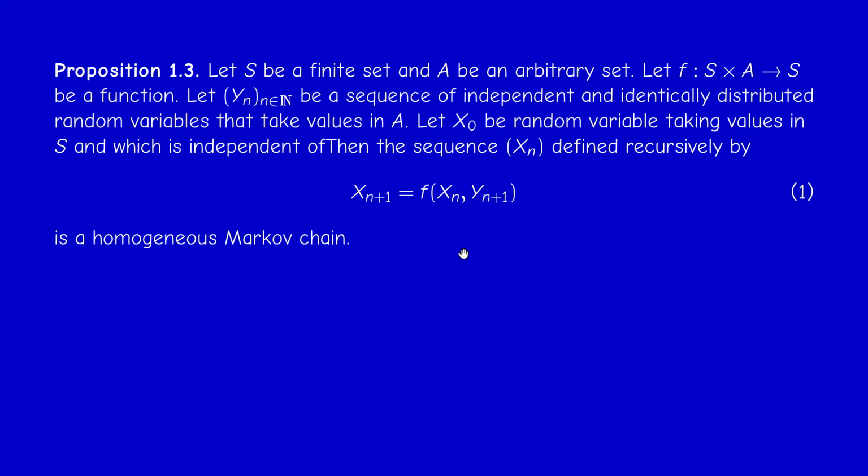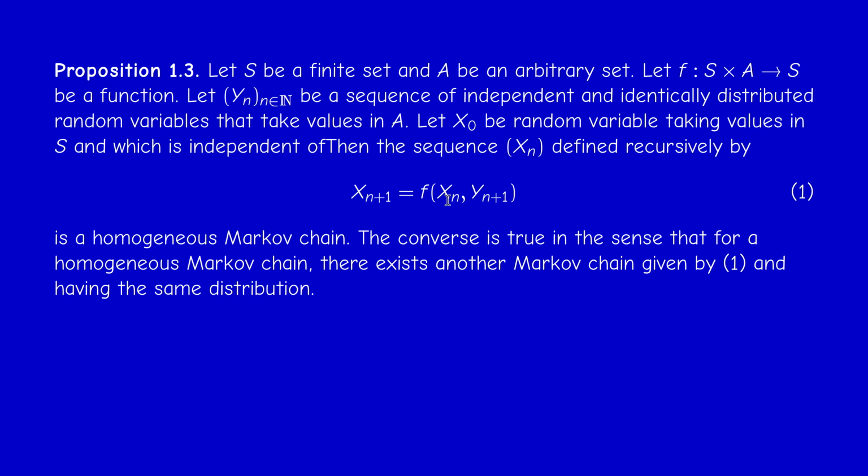A discrete dynamical system is just an iteration of a function. So a deterministic discrete dynamical system is just something of the form xn plus 1 equal f of xn. And we saw something similar in chapter 0. Now here we have a random term, right? So this is why it's called a discrete random dynamical system.